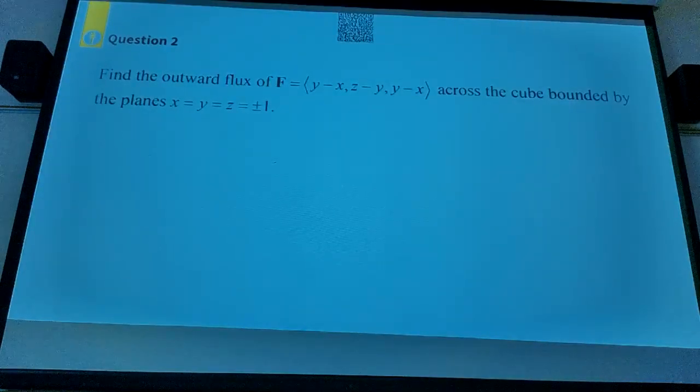What we want to do is first describe the solid that is enclosed by our surface. Well, it's the surface of a cube, right? So our solid is that cube.